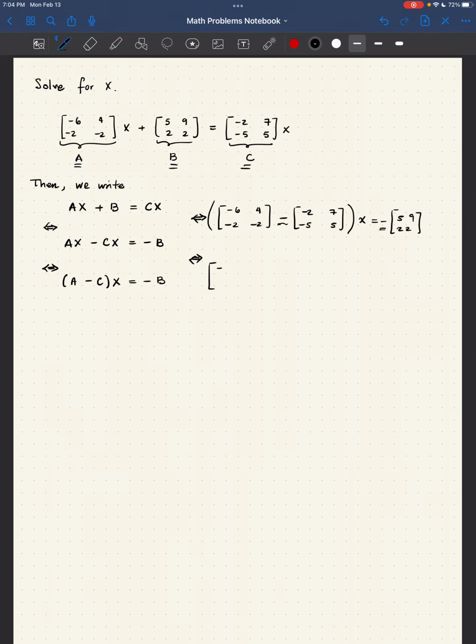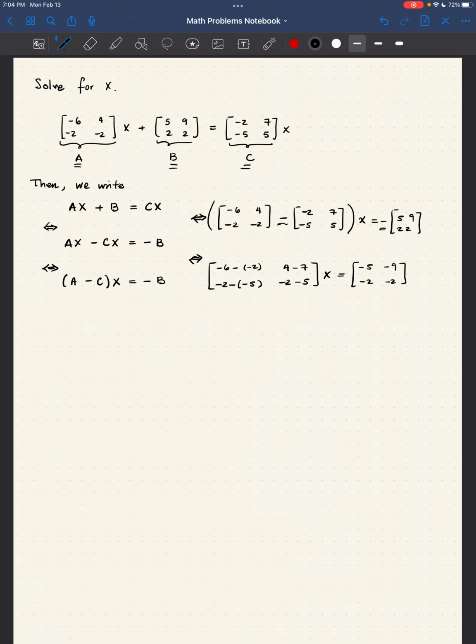So now this is negative 6 minus negative 2 on this entry, 4 minus 7 on that one, then negative 2 minus negative 5, and negative 2 minus 5, right? That multiplying X itself. And of course, now this is going to be negative 5, negative 9, negative 2, negative 2.